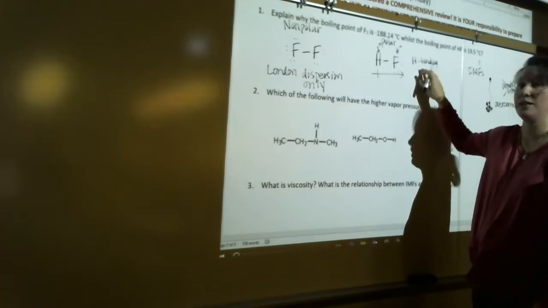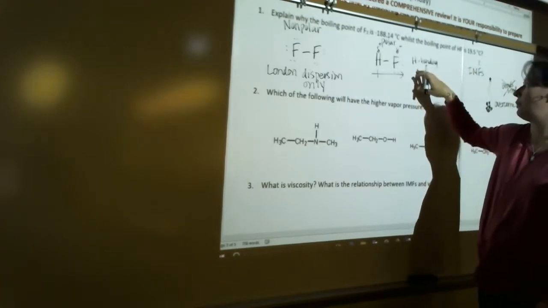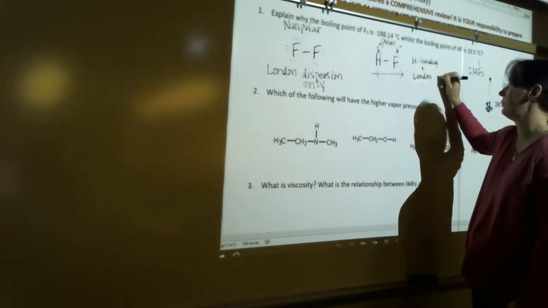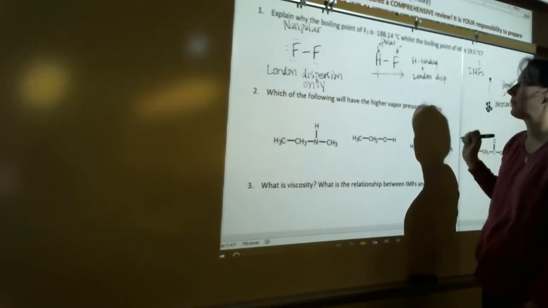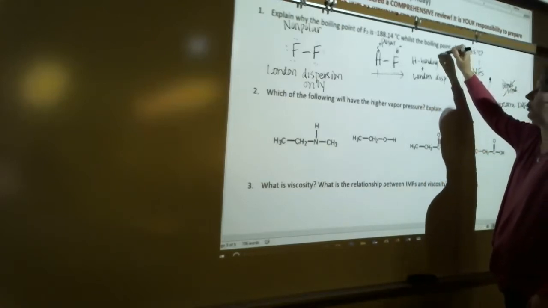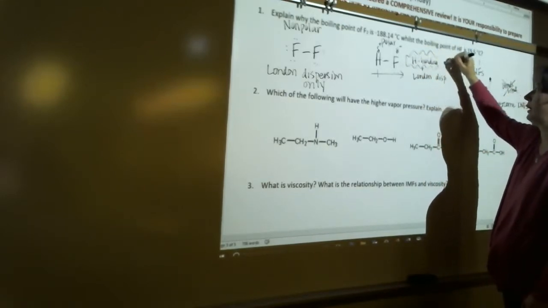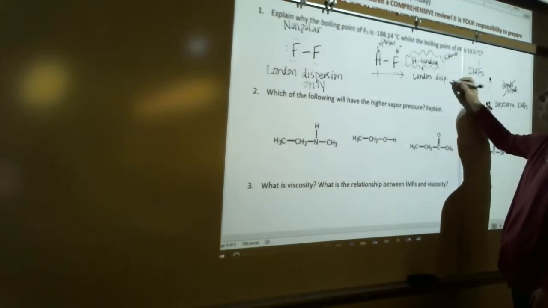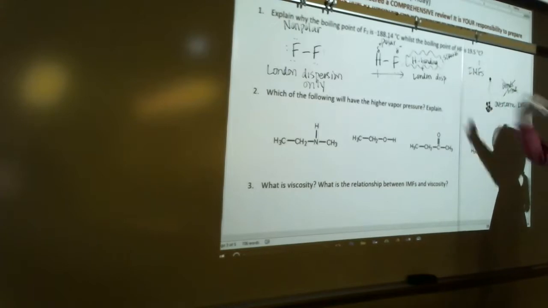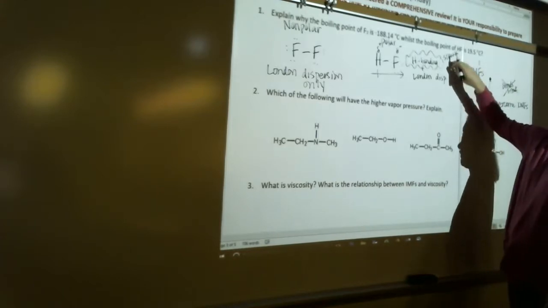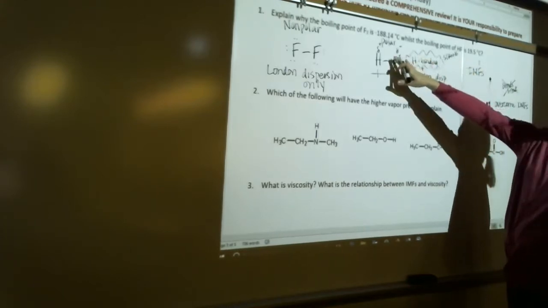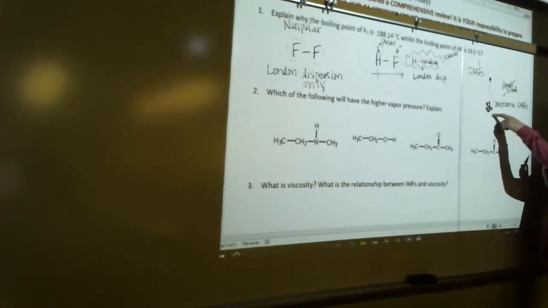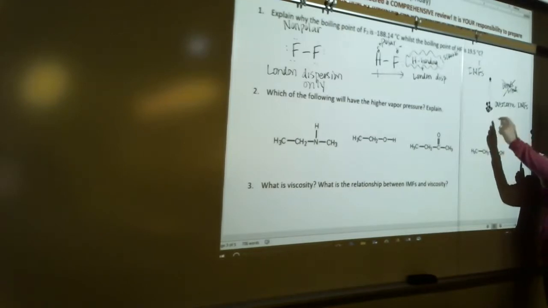It's a very special, strong dipole-dipole force. We also have London as well. Everything's got London, right? But this is the big influence. Hydrogen bonding, that's a strong IMF, whereas this is going to be relatively weak. So this is what makes the big difference here, right? Very polar, very strong hydrogen bonding, very strong forces of attraction that have to be overcome to boil this.